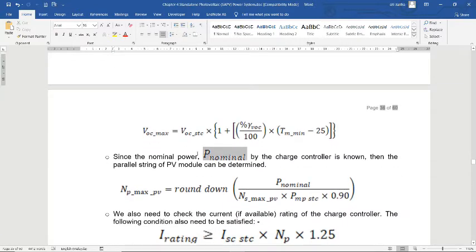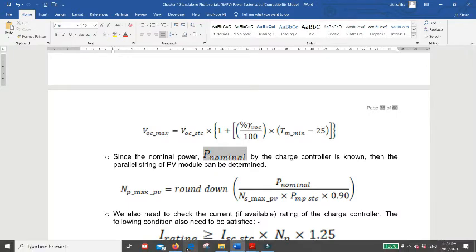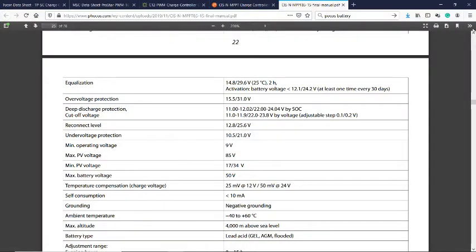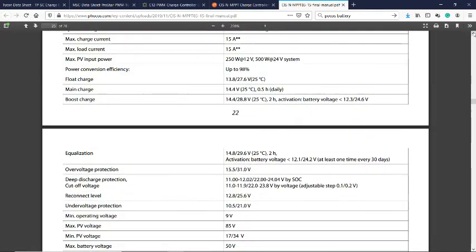So since the nominal power P nominal or P rated by the charge controller is known, then the parallel string of PV module can be determined. So in the datasheet example here, for 12 volt is 250 watt, which is the maximum PV input power.